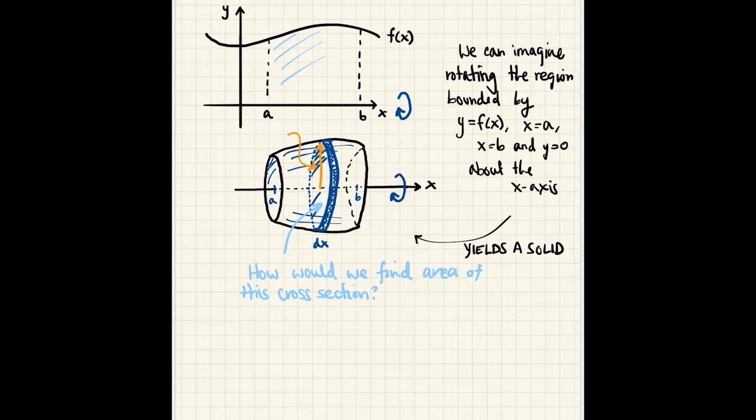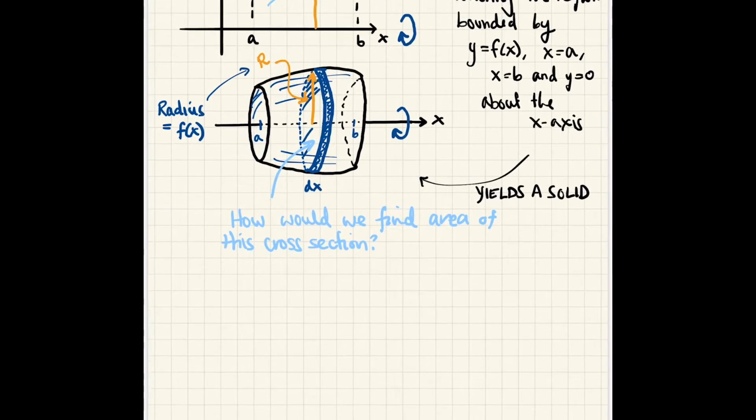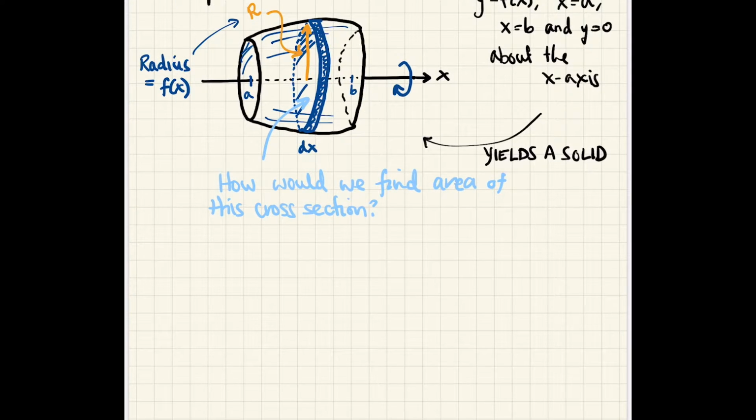So let's call it capital R. And let's note that the radius is just f of x, the function value there. On the original graph, you can see that the radius would simply correspond to this particular measure right here. It's the radius of the rotation. So we can say that the area of the cross-section, we'll call it A of x.